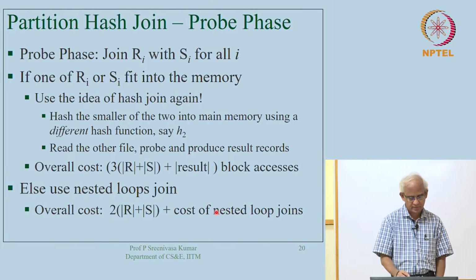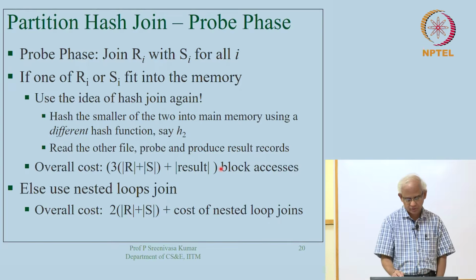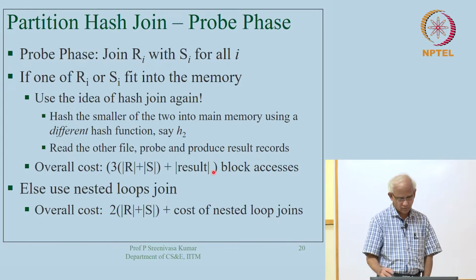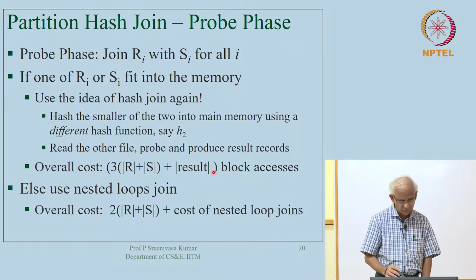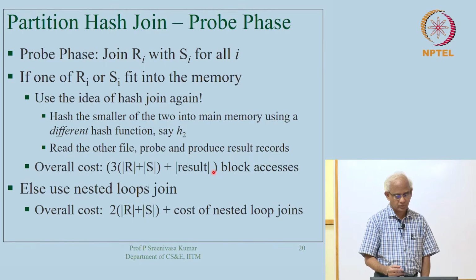Of course, these cases might differ for each i, so we should probably put this cost separately. So these are the ideas using hashing with which we can produce nice algorithms for giving join results.